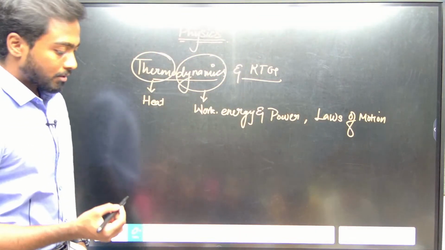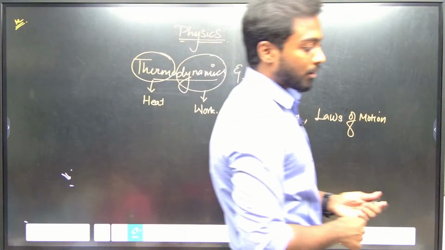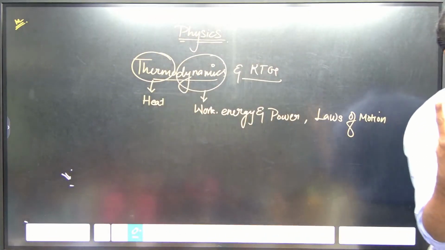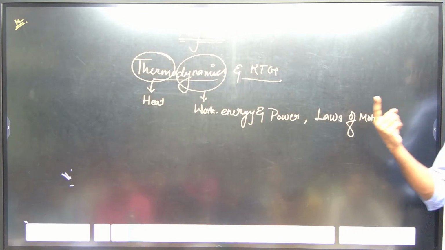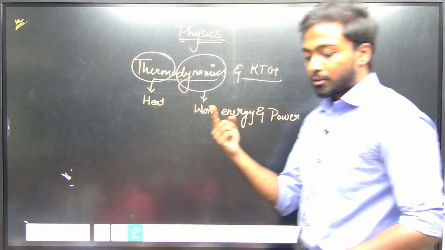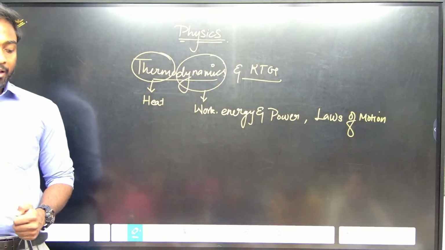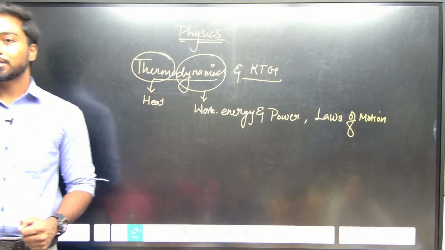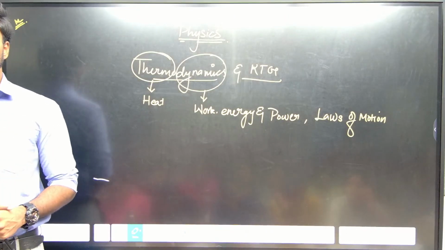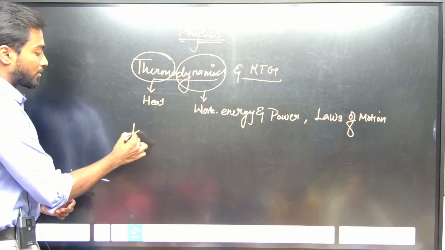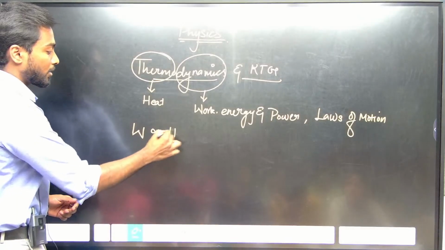So in this we are going to talk particularly about the heat and the work. So heat is the property of the mechanical work. Okay, if we do some work, obviously the heat energy will be produced, right? So I can say that work is directly proportional to the heat.